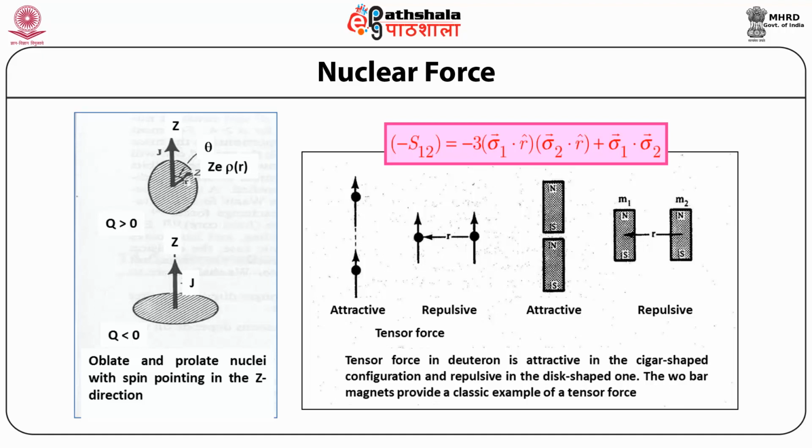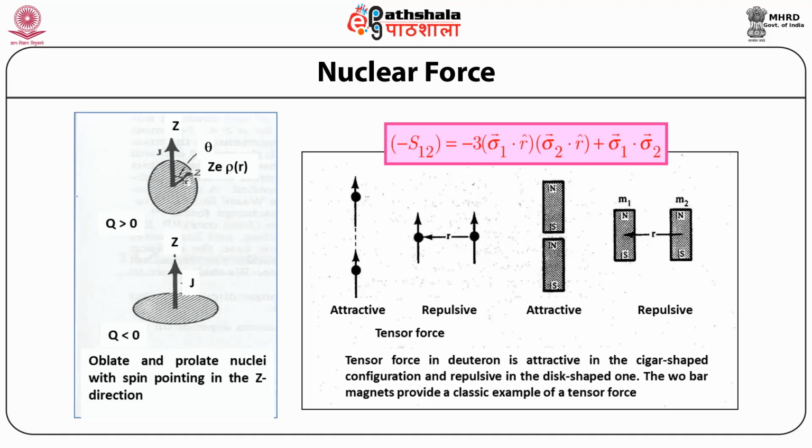So this is the summary of this slide, that depending upon the orientation of spin of the two nucleons within the nucleus, the magnitude of the value of nuclear force is different. The left hand side figure which I discussed as attractive is the cigar shaped, and the next figure is the disc shape.